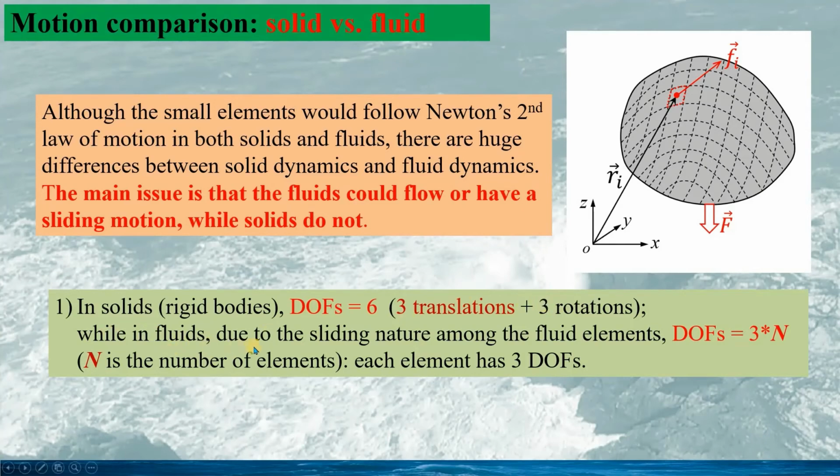In the fluid, due to the sliding nature of the fluid element, the degrees of freedom would be 3N, where the capital N is the number of elements. That means each element has 3 degrees of freedom, since each fluid element can be taken as a mass point.